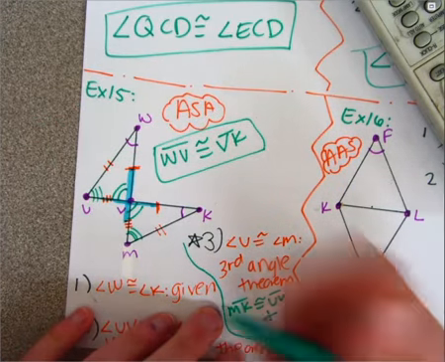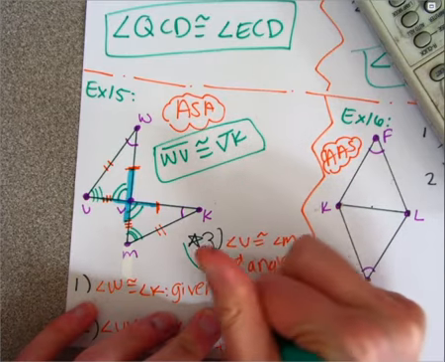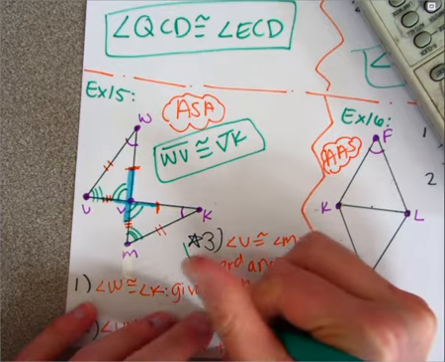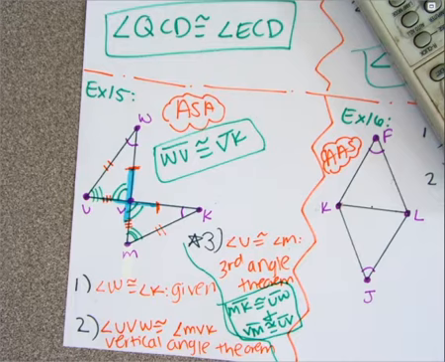So that could have been another possibility if we use the third angle theorem. So if we use the third angle theorem, then any of our three sides could be marked congruent to show the triangle is congruent by ASA.